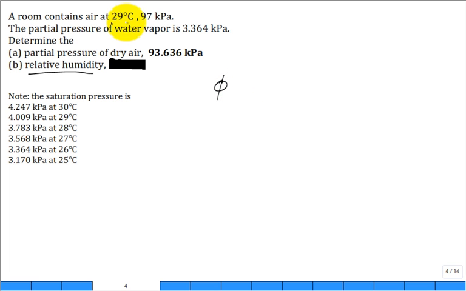Yeah, so we know that dry bulb temperature is 29, so we can look up, this is data from the table. To save you time going into the table, I reproduced it and said that at this temperature, this is the saturation pressure. So you get PSAT at the dry bulb temperature, and we have that the relative humidity is PV over PSAT.